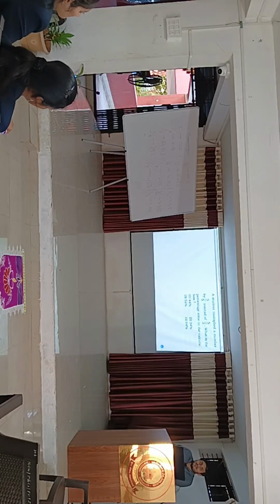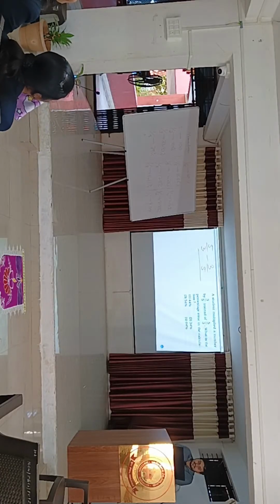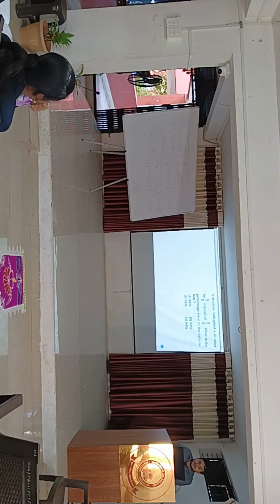Fraction 3 by 5. Normally, what we do is we take 5 by 3 minus 3 by 5, divided by 5 by 3, into 100, but it is in fraction. You'll not understand anything. So let us go with the concept now.